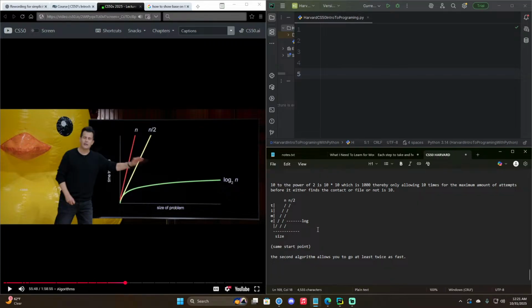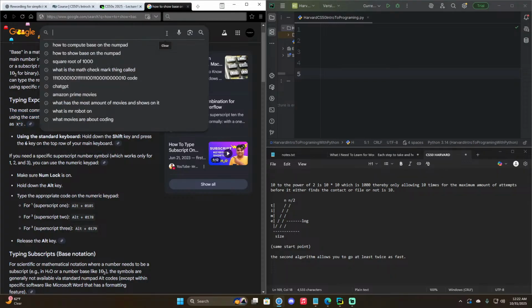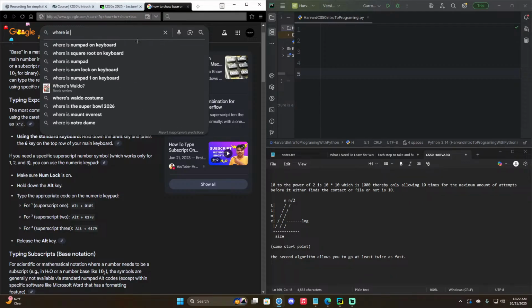I'm not seeing this on the keyboard. Oh, I can just do this. Oh, hey, 2. Okay. Base 2.